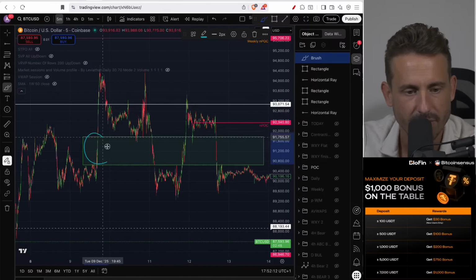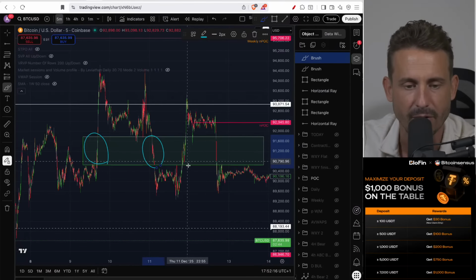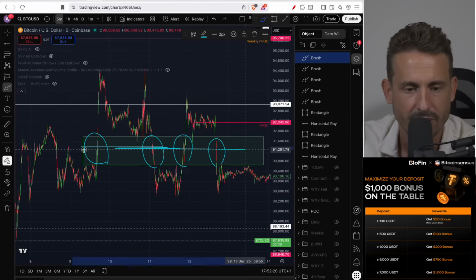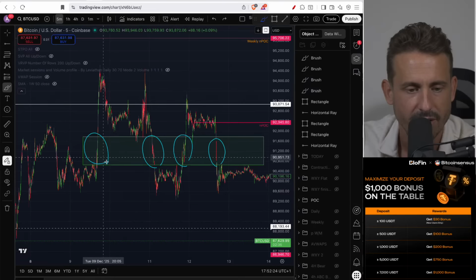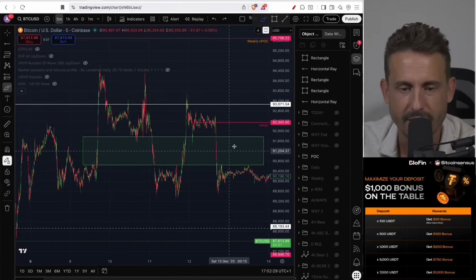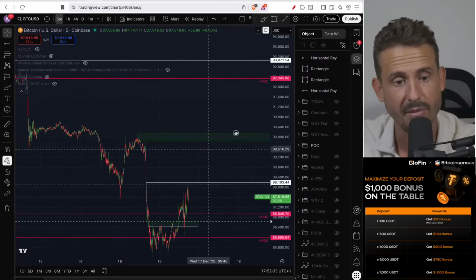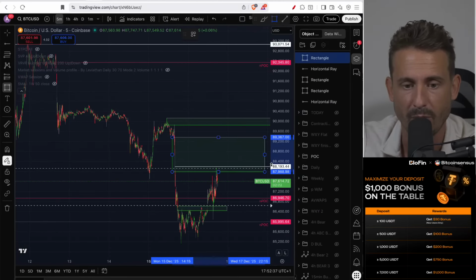You've got a gap right there. What happens? You slice it like a hot knife through butter. It just slices through. You've got no support, no ranges. It's a slicing zone. So with that theory, you need to understand that we've got a bit of a slicing zone here where price could pump up very nicely.